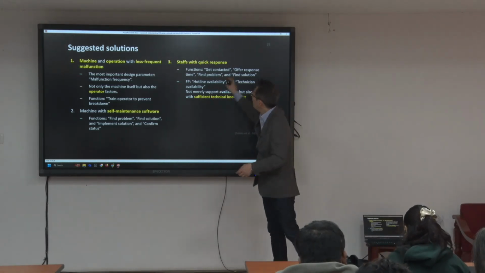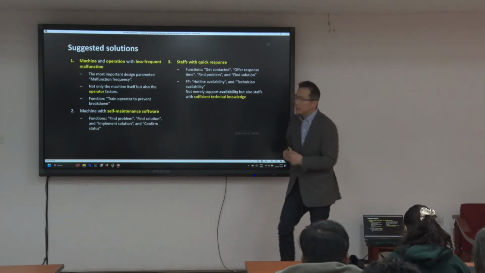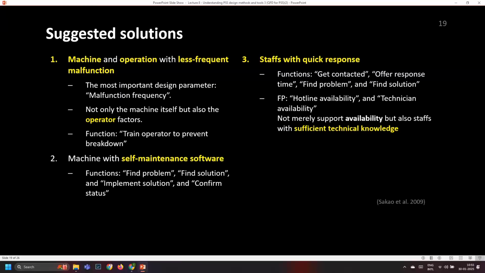And another example is staff with quick response. This also contributed to the immediate availability and also available operation time for the product.